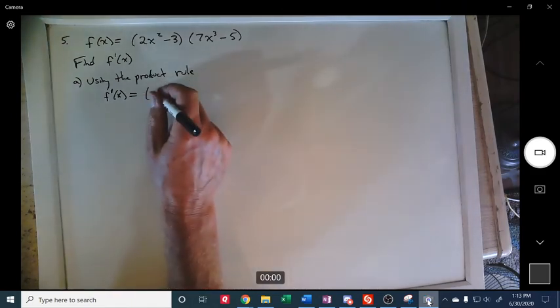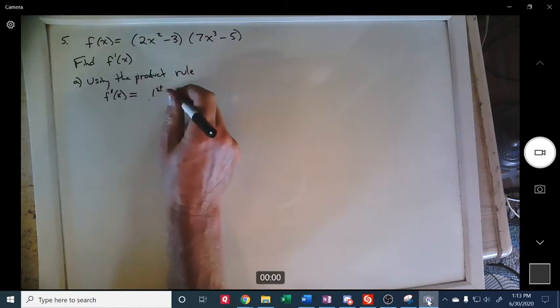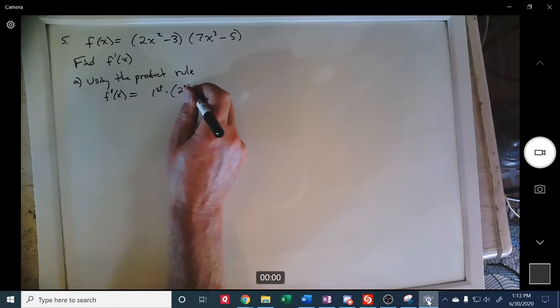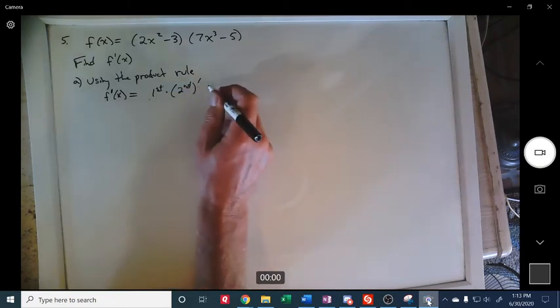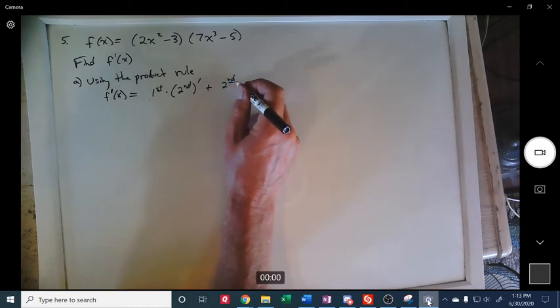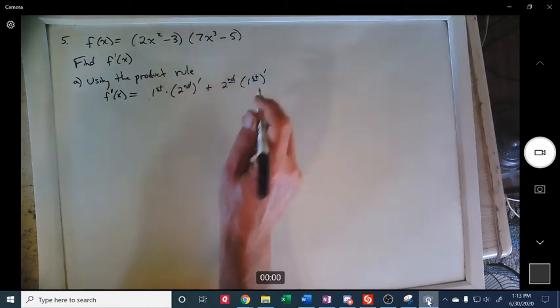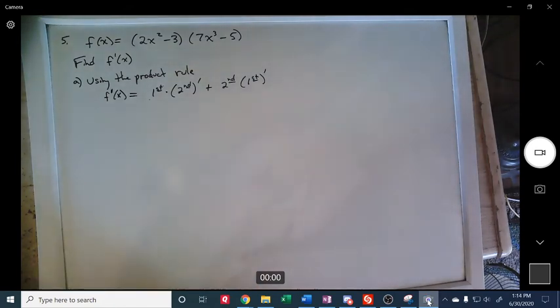It would be first, well, that one I don't put in parentheses, first times the derivative of the second plus the second times the derivative of the first. I write that out from memory every time I'm using it, and then soon I realize, oh, I really have this memorized really well.